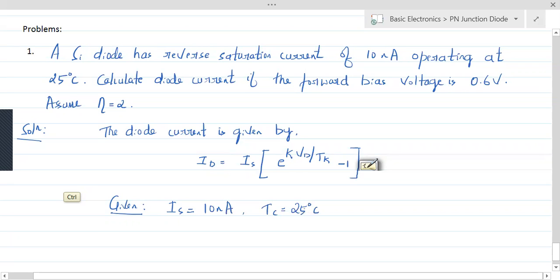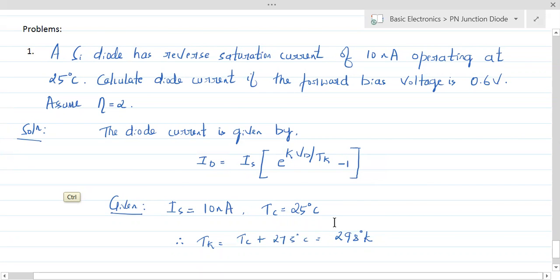How do we convert this? The TK we need is in degree Kelvin. So TK can be obtained as what? Tell me. 273 plus 25. Take down that: TK equals TC plus 273, so that is 298 degree Kelvin.